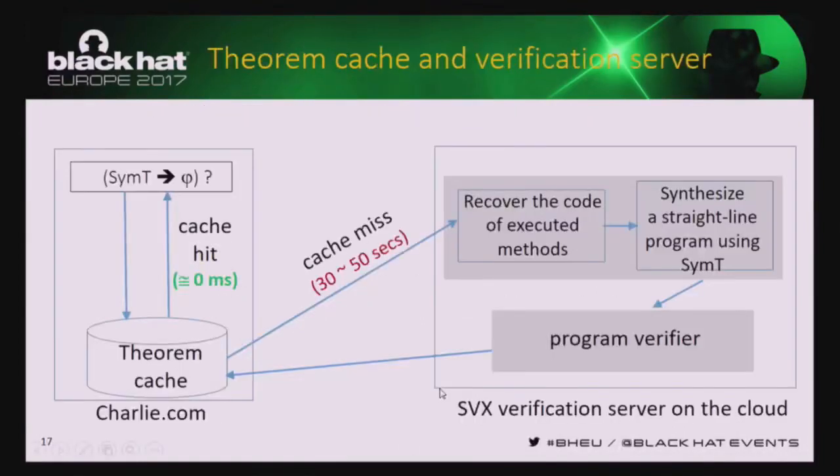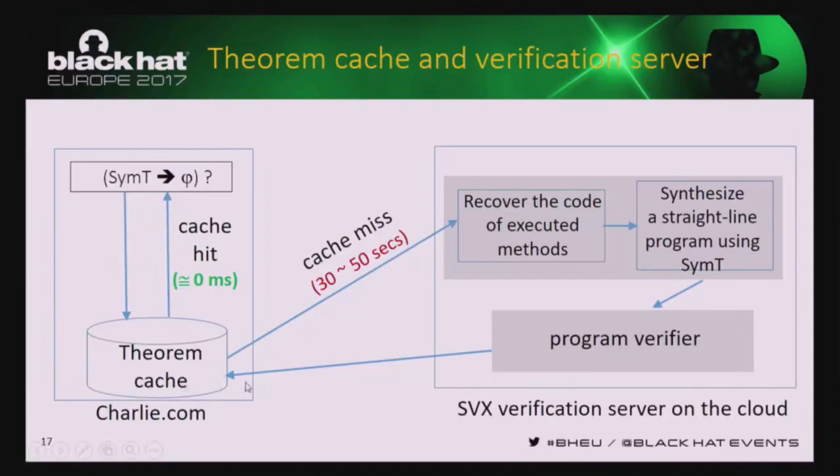So let me give a little bit more detail about this point. We want Charlie to prove this theorem, SymT implies the property. Now, Charlie has a theorem cache. If the theorem has been proven before, then the result is returned immediately. There is no performance overhead.